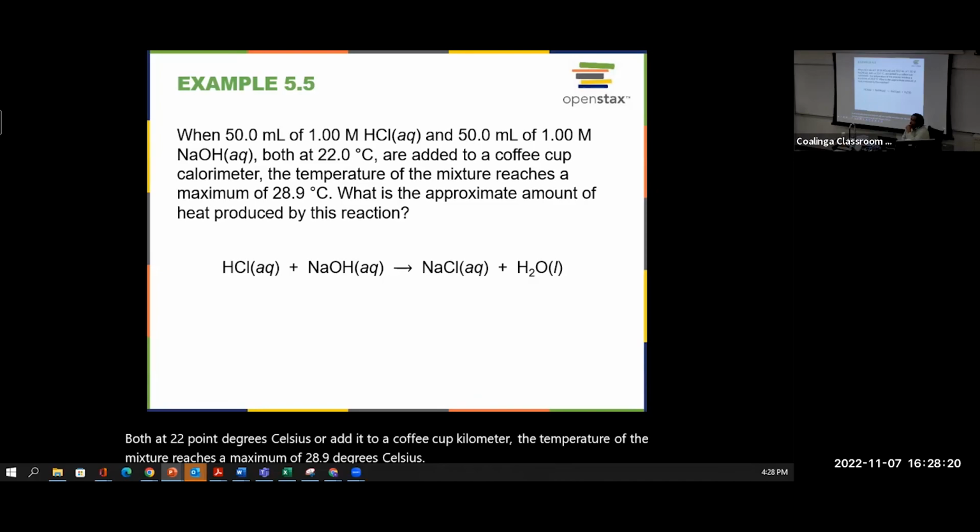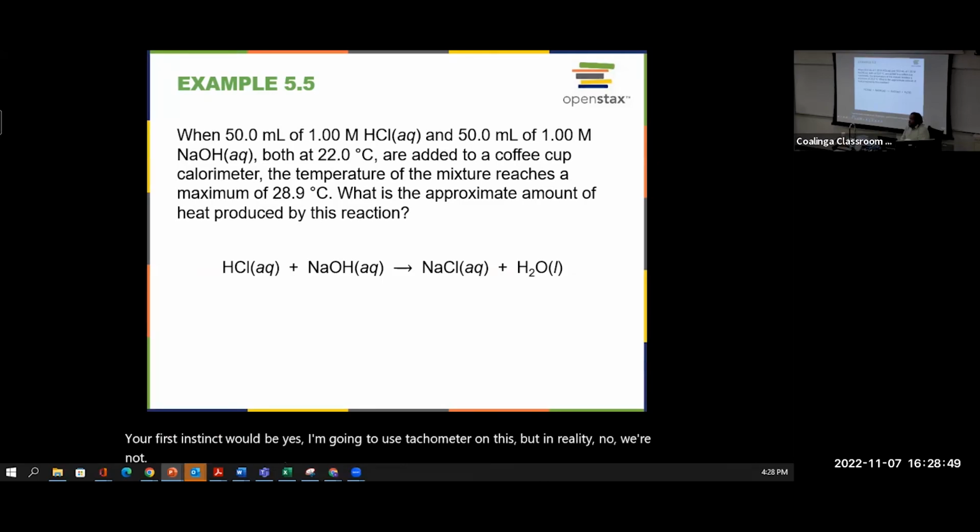What is the approximate amount of heat produced by this reaction? Your first instinct would be stoichiometry. But in reality, no.